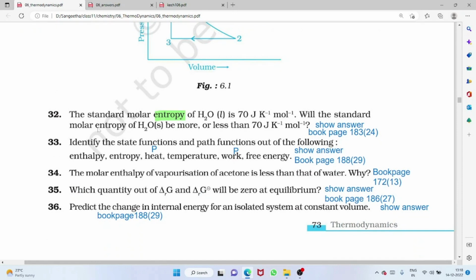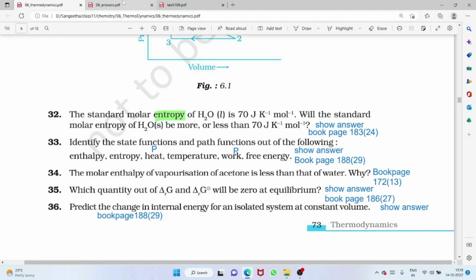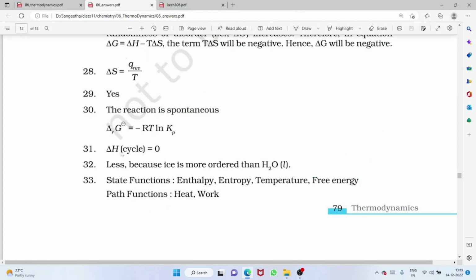The standard molar entropy of liquid water is given. Will the standard molar entropy of the solid be more or less? There will be less disorder in the solid. It will be less because ice is more ordered, that is, its entropy is less than the liquid.